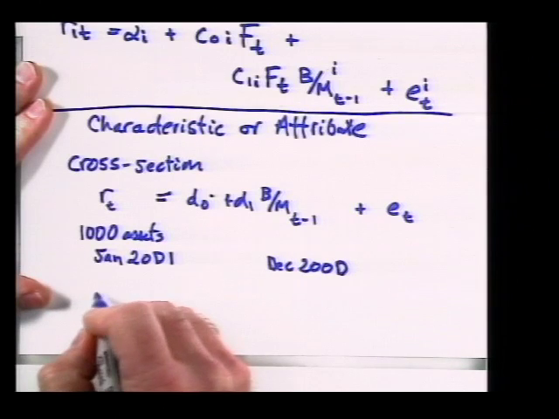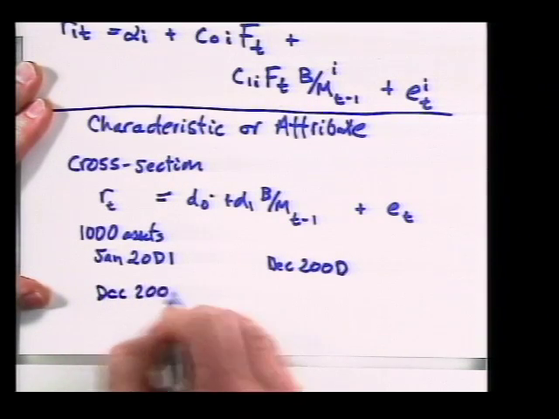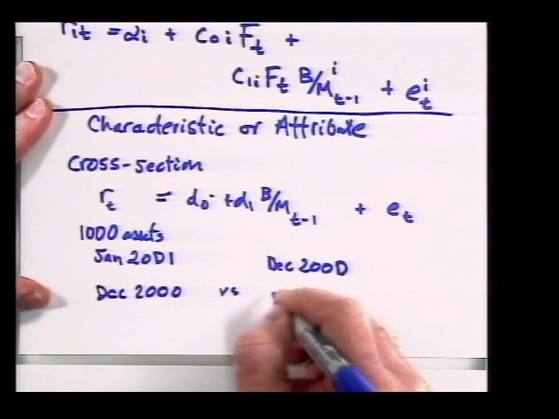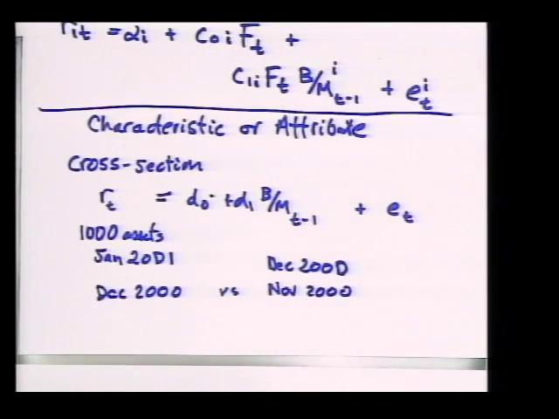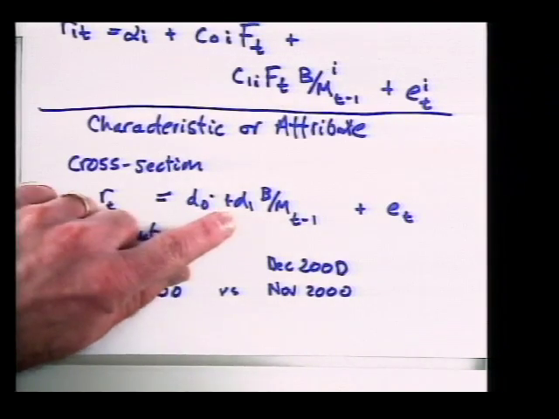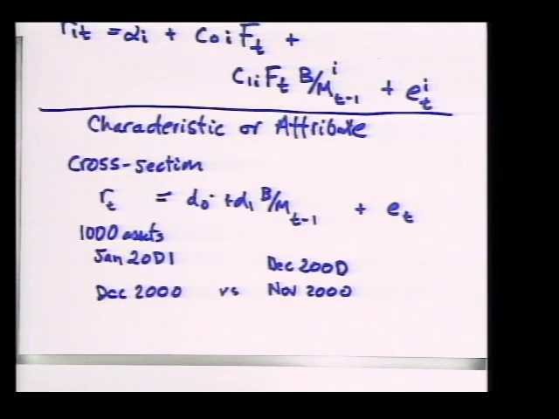So another regression would be December 2000 versus November attribute. And you just keep on doing this back in time to test the model. But one thing that you notice is that this D1 that you estimate tends to change each time you do this regression. And sometimes change very significantly.